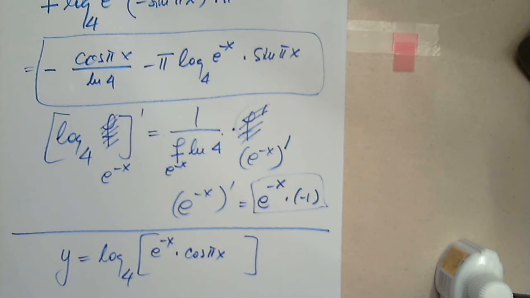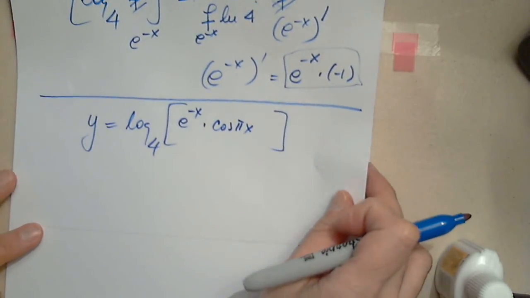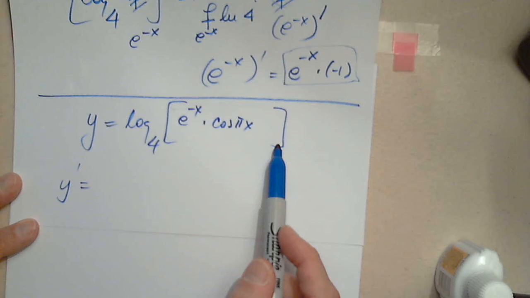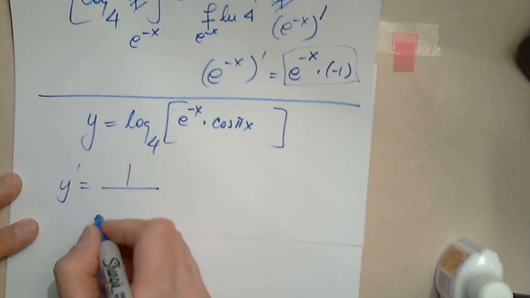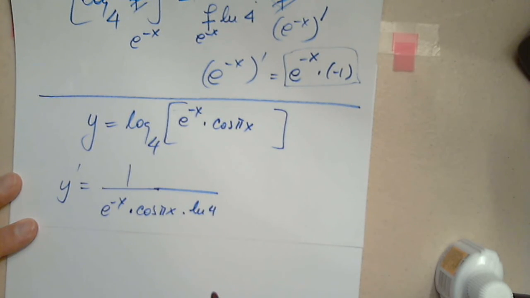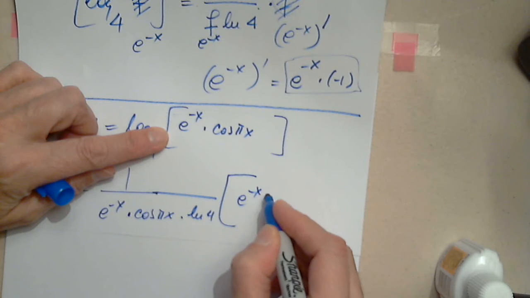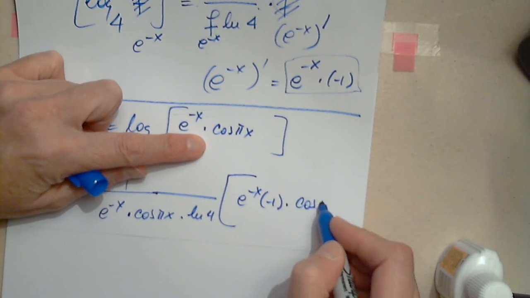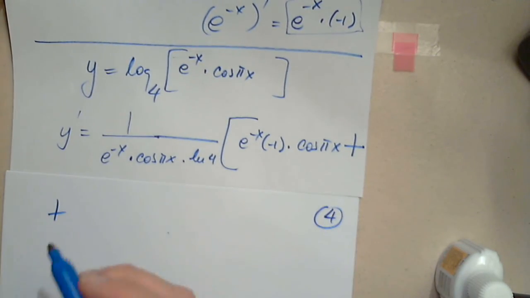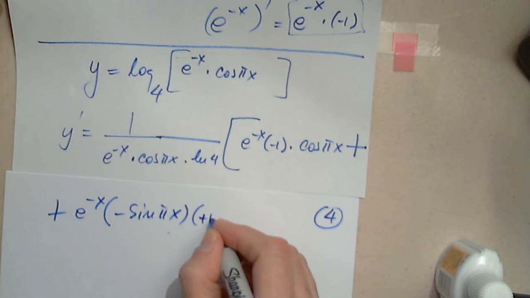Now we're going to differentiate something else. So y prime. This is the function now. So it's 1 over the function times natural log 4. And now e to negative x prime is e to negative x times negative 1 times cosine pi x plus e to negative x times negative sine pi x and times positive pi.